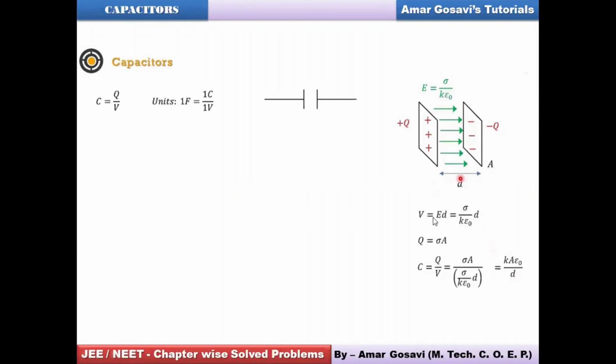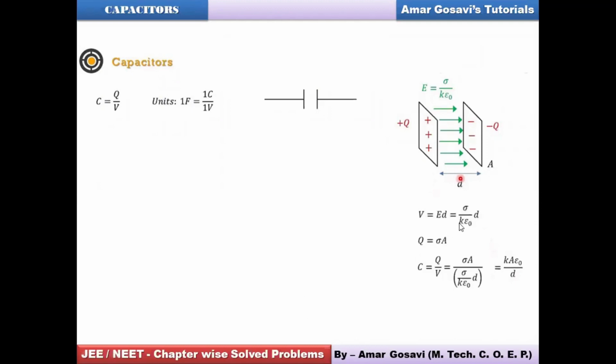Then the equation for potential becomes E into d, that is sigma upon K epsilon naught into d, where again I repeat, sigma is surface charge density, that is charge per unit area, K stands for the dielectric constant, and epsilon naught stands for the permittivity of free space.